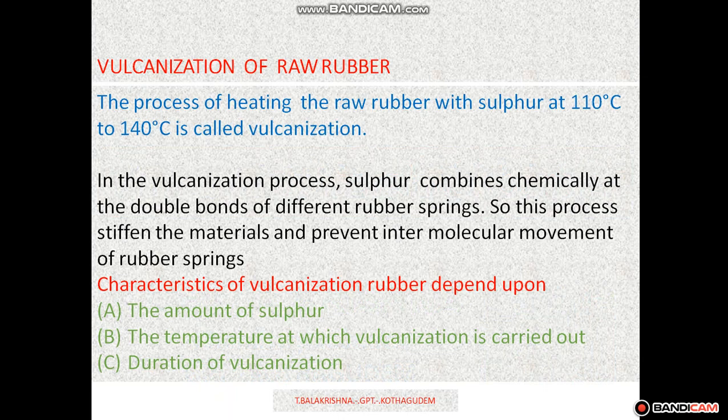This increases the stiffness of the material and prevents the intermolecular movement of the rubber springs. The characteristics of vulcanized rubber depend upon the amount of sulfur used, the temperature at which vulcanization is carried out, and the duration of vulcanization.